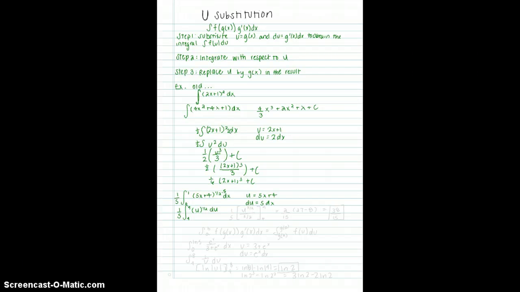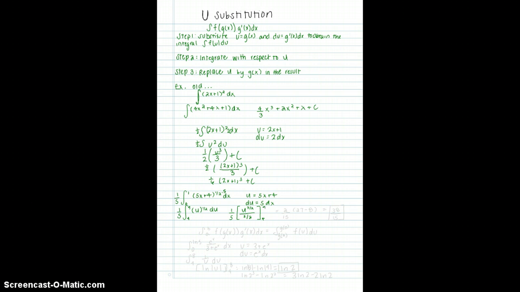So then you solve it like a normal integral equation, and you pull out the 1/5, and then you get u to the 3/2 over 3/2 with the limits of u, so 4 to 9.